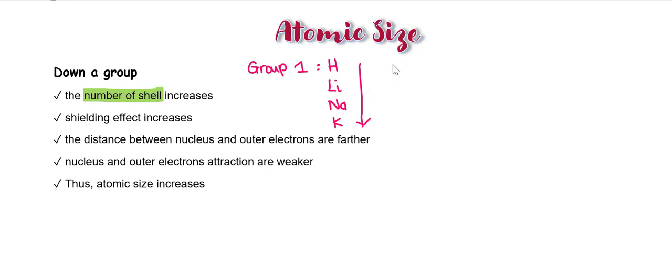Let's take lithium and sodium as examples. Lithium has proton number 3, so the electronic configuration for lithium is 1s2, 2s1. Since the principal quantum number in lithium is only n equals 1 and n equals 2, lithium has 2 shells.